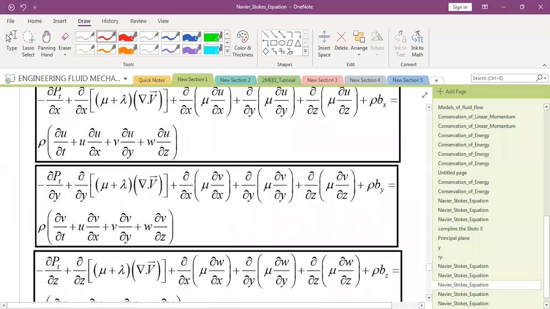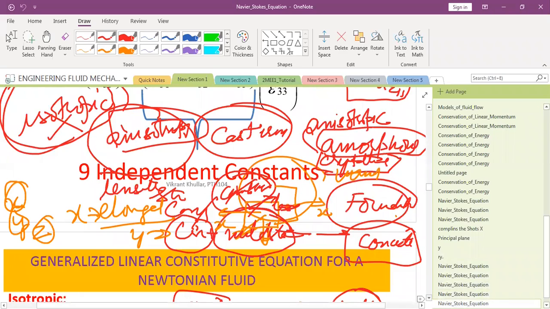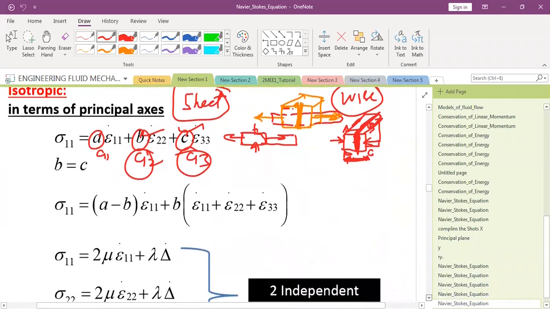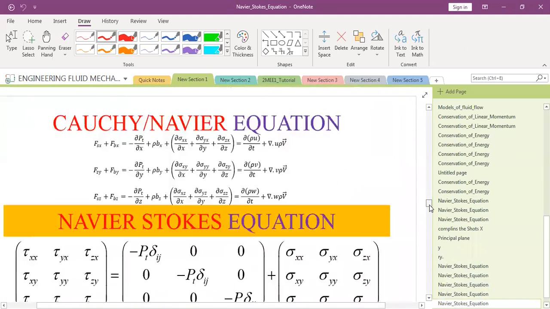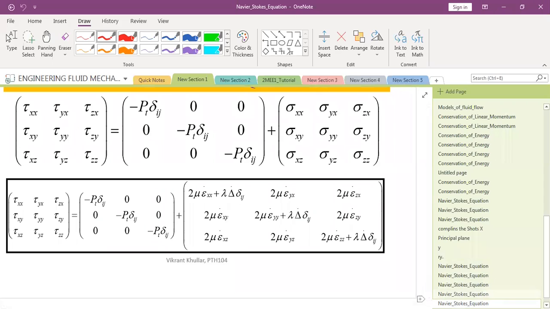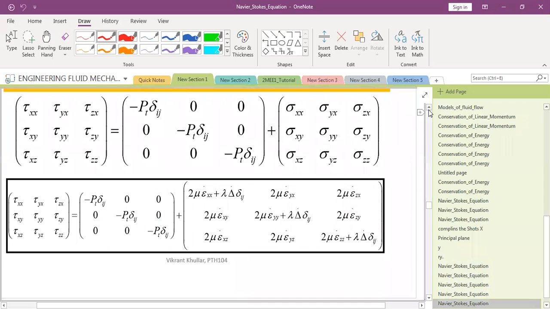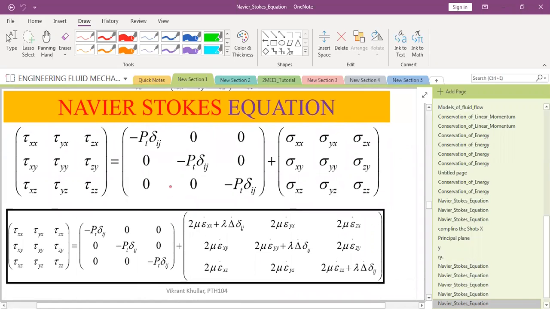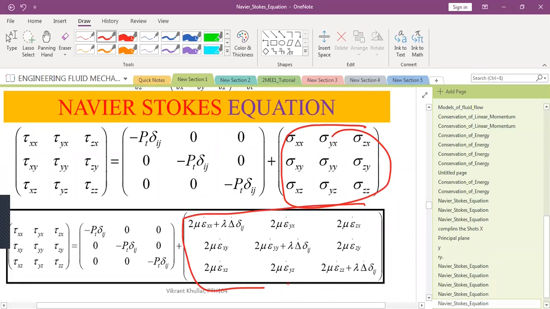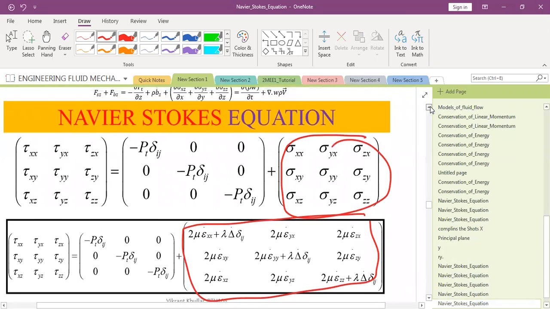If you have any doubts, please come up with your doubts. Wait for a second. So this is what we have done. We have converted the stress into strain rates.